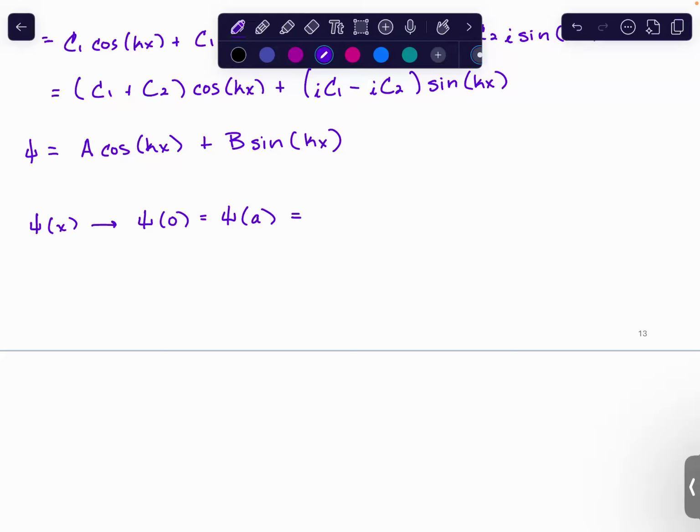And since those walls are infinite, what do you think psi becomes at those boundaries? You're in a bound state. Those are infinite walls. What do you think happens to the wave function once it reaches those boundaries, at 0 and a?